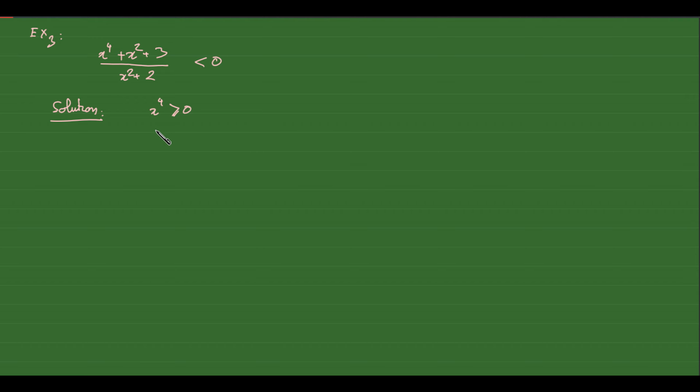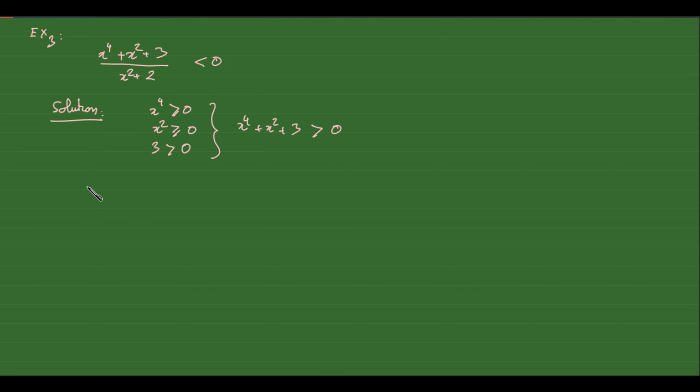And x squared is always greater than or equal to 0, and 3 is always greater than 0. So if you add all of this together, it means x to the 4 plus x squared plus 3 is always greater than 0.